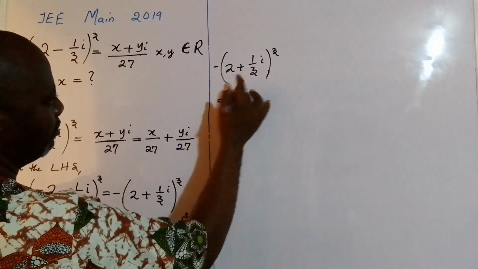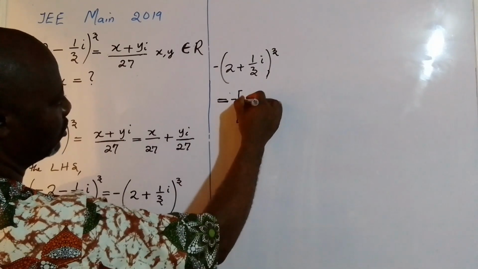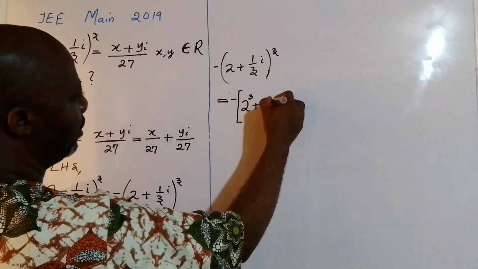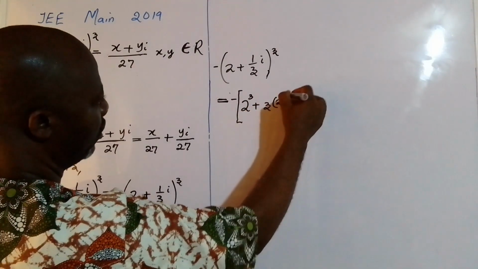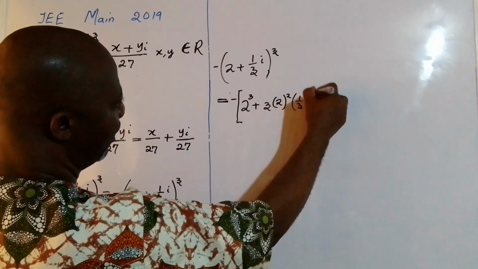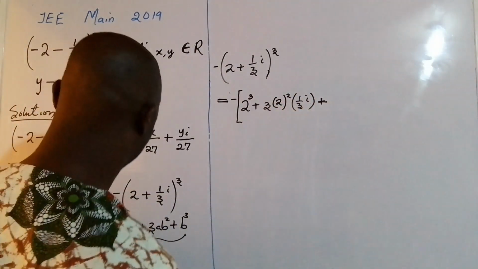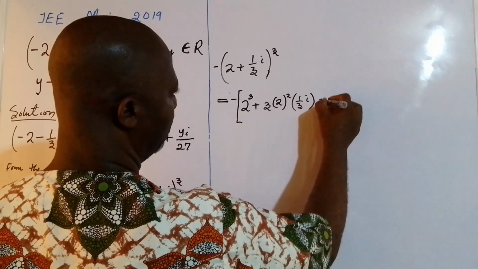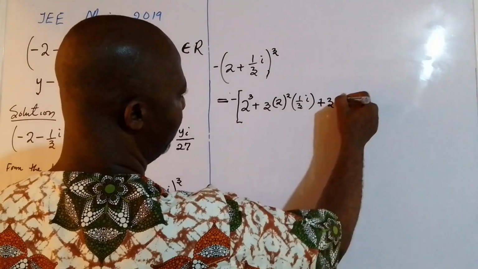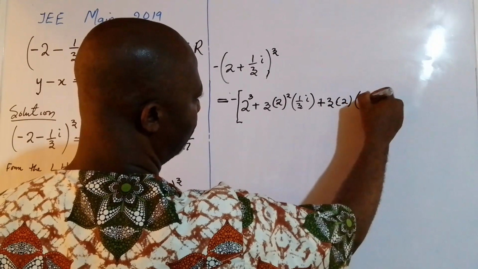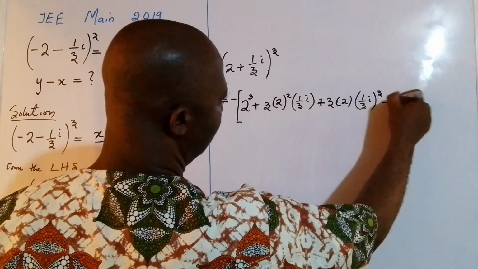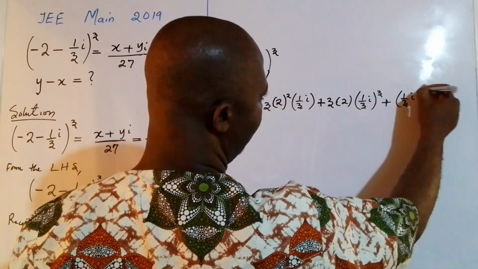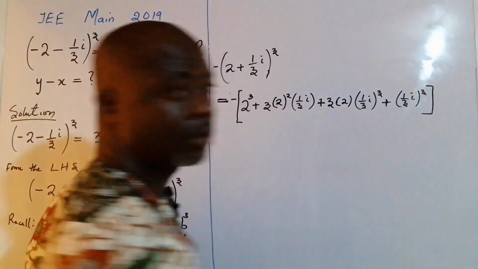So I open a bracket, minus square bracket, 2 to the power of 3, plus 3a squared b, that's 3 times 2 squared, b is 1 over 3i, close that up, plus 3ab squared, 3 times a, where a is 2, b is 1 over 3i, then squared, plus the final term, b cubed. That is 1 over 3i all to the power of 3, and then I close that up.